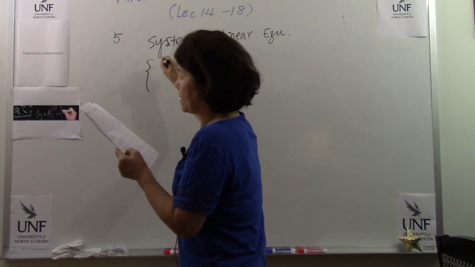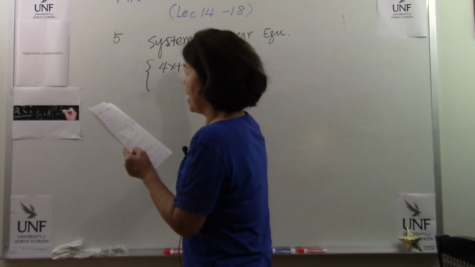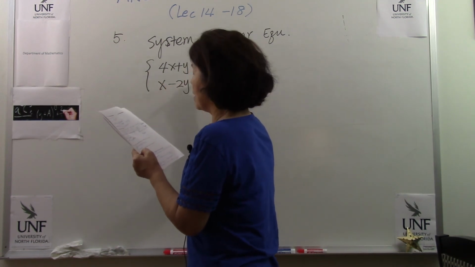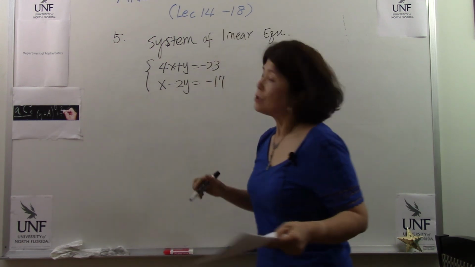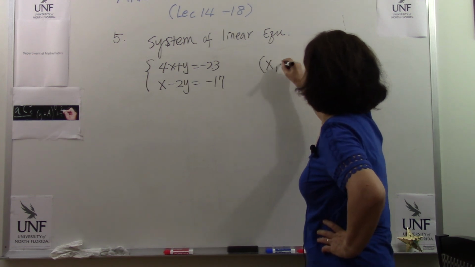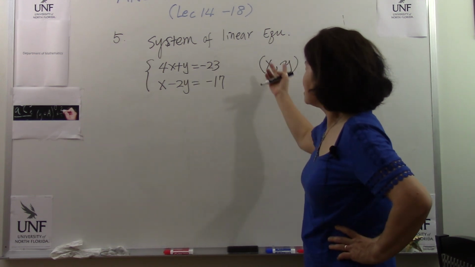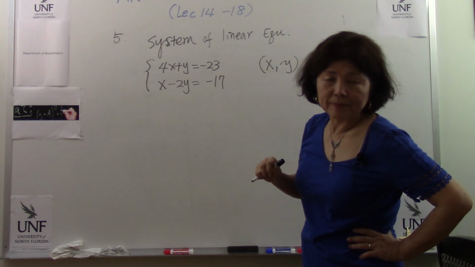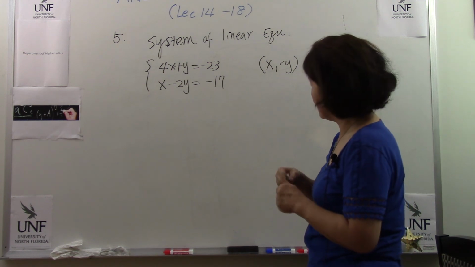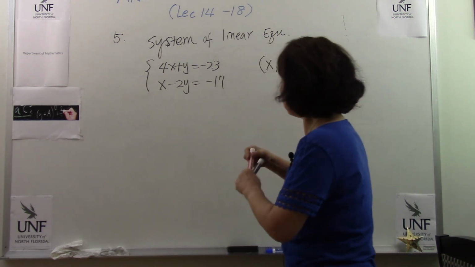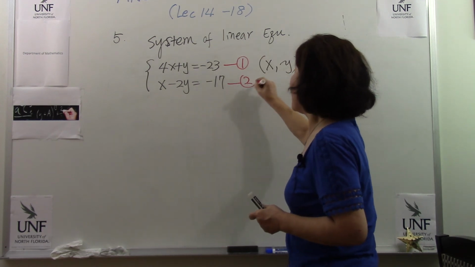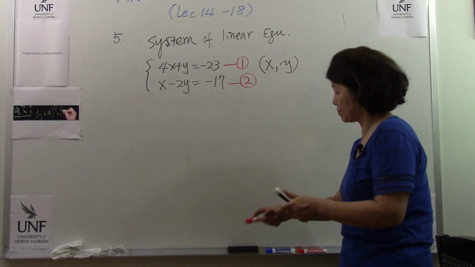So system, that is 4x plus y equals negative 23 and x minus 2y equals negative 17. Solve the system means you are going to find the x value and y value that satisfies both equations. Not just one, but both equations.